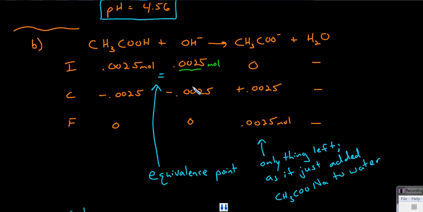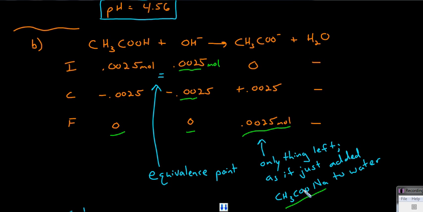The hydroxide is going to lose 0.0025 moles of it. Similarly, the acetic acid will lose the same amount, being left with none of those and only now acetate left over. It's as if you've got now just a solution of sodium acetate. It's as if you had just put sodium acetate into water and this titration had never occurred.